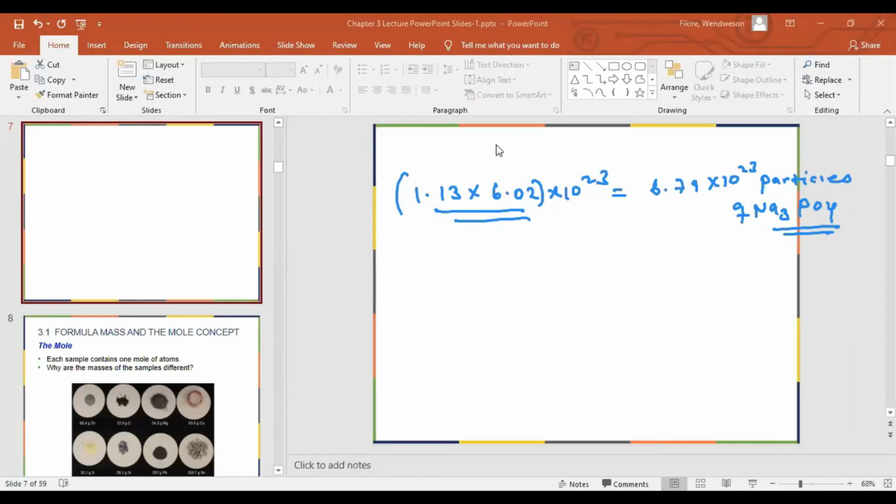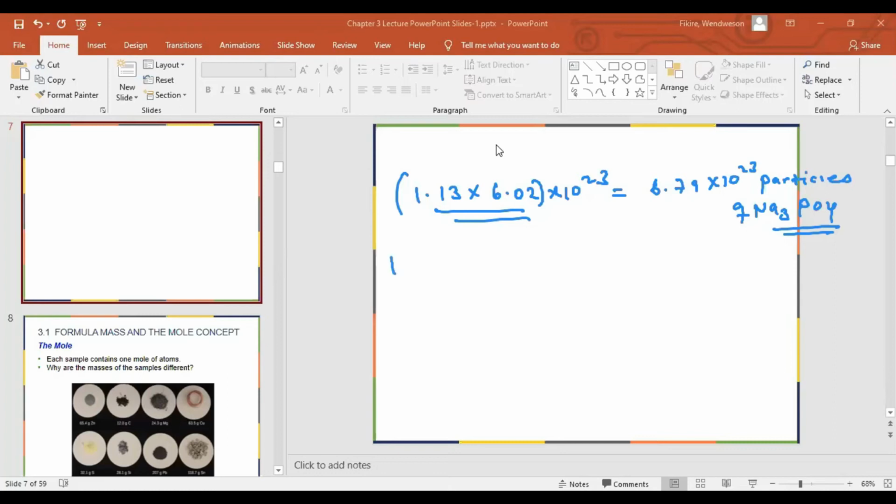Matt, does that make sense? Yeah, it does. But I didn't really catch the question. Look at the question about calculating the number of particles.